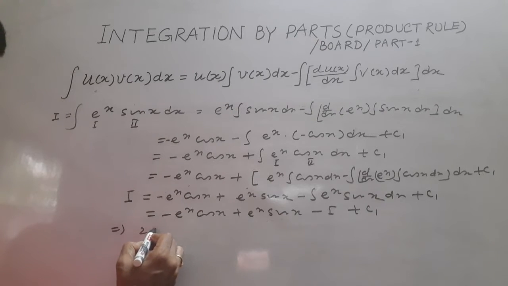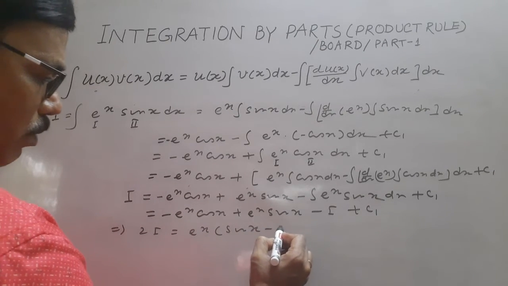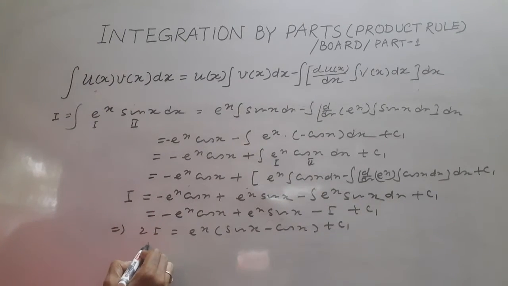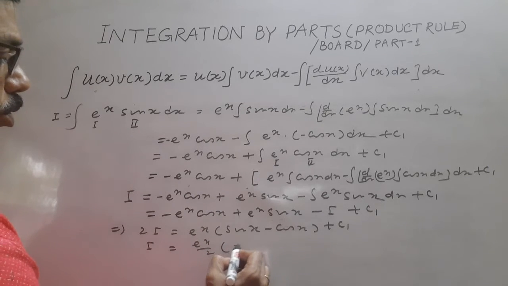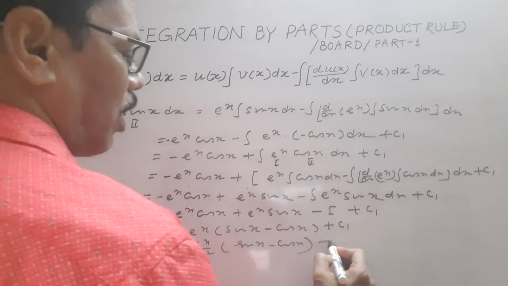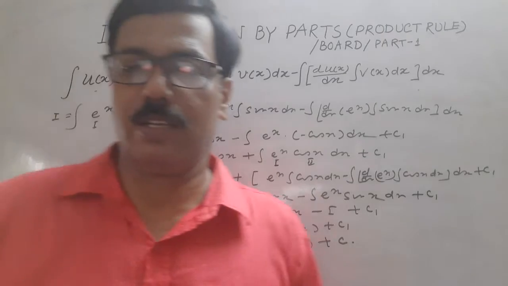So 2I equals e to the power x common, sin x minus cos x, plus c1. So what is I? I equals e to the power x by 2 into sin x minus cos x, plus c1 by 2, that is c.